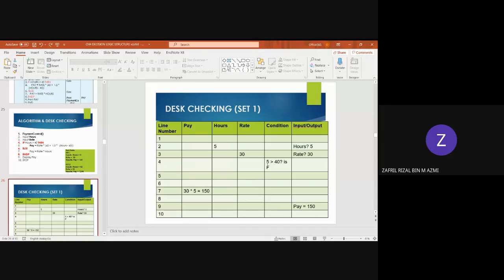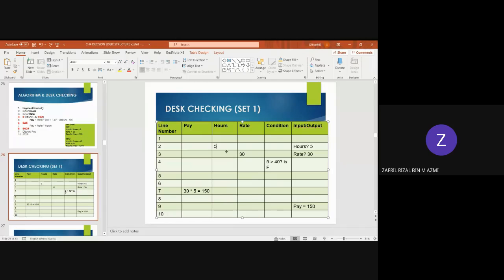Okay, if the condition is true, for example, we put 100. Okay, so 100 more than 40 is true. Right. So if true, if we refer to the algorithm, it will execute line number 5 because this is the true body for the condition. So we are going to write down the answer for the equation.